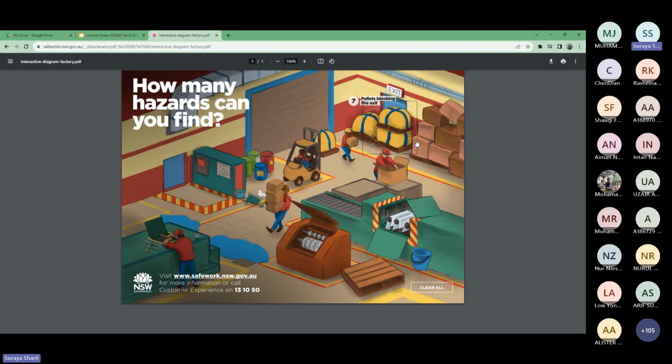This is something which is wrong and shouldn't be here. It should be put somewhere else. Here, as you can see, this is a truck. The possible hazard here is a forklift stacked too high and the driver cannot see.